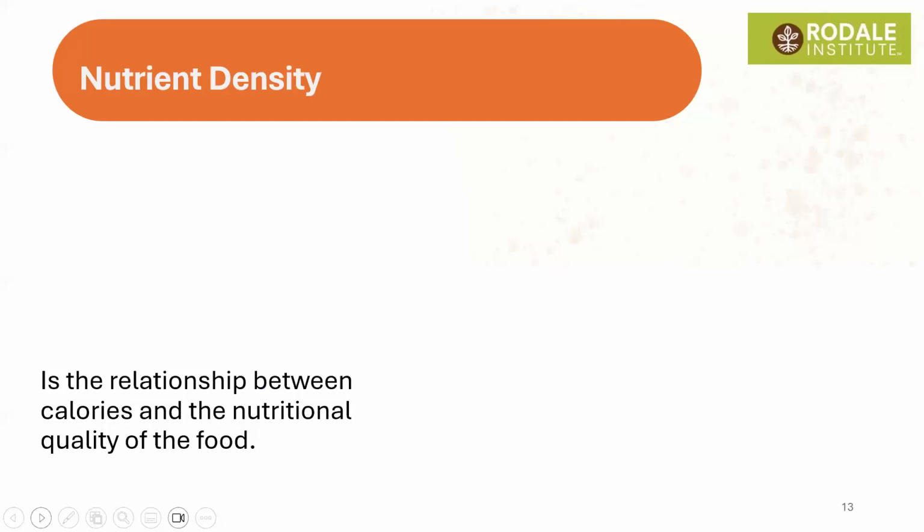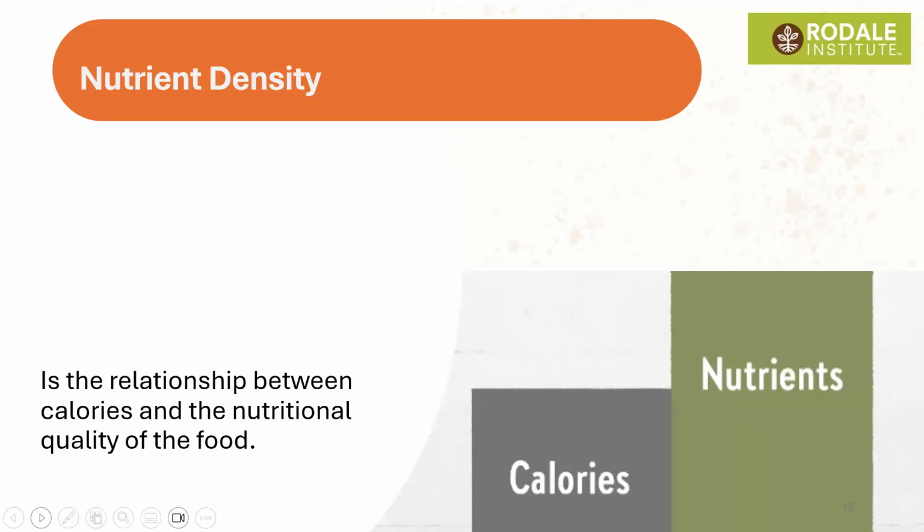So let's simply define what nutrient density is. It is a relationship between calories and the nutritional quality of the food. Meaning, if I have more nutrients relative to calories in that food, it is nutrient dense.